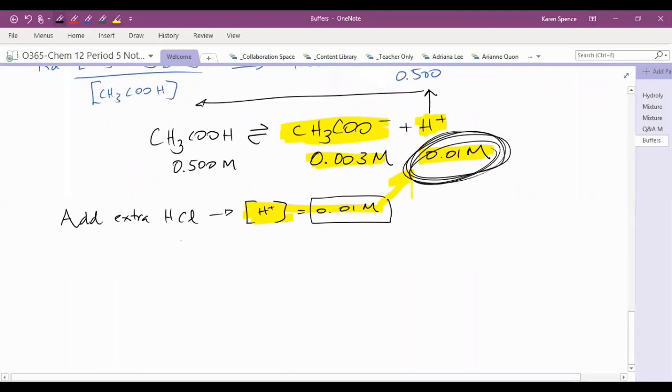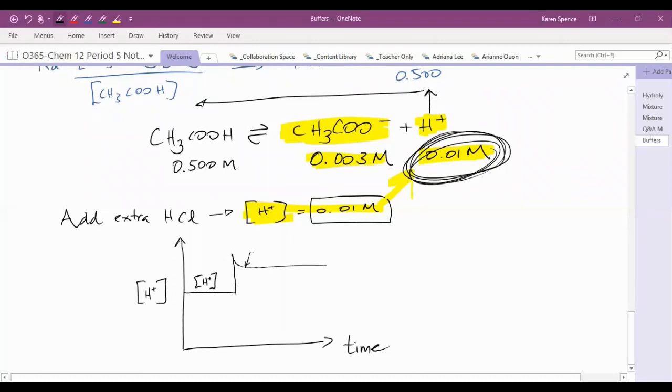So what our graph would look like for that one is, here's our concentration of hydrogen, here's time. We start with our normal concentration of hydrogen, and then we add our extra HCl. And then the system starts to shift, and then we run out of acetate.